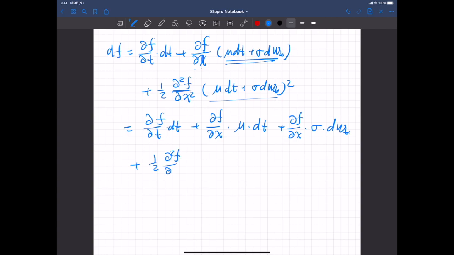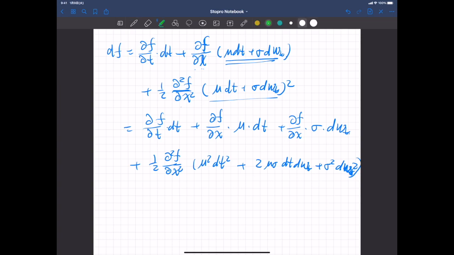So mu squared dt squared and 2 mu sigma dt dWt plus sigma squared dWt squared. Okay. Then let's evaluate the order of each term.